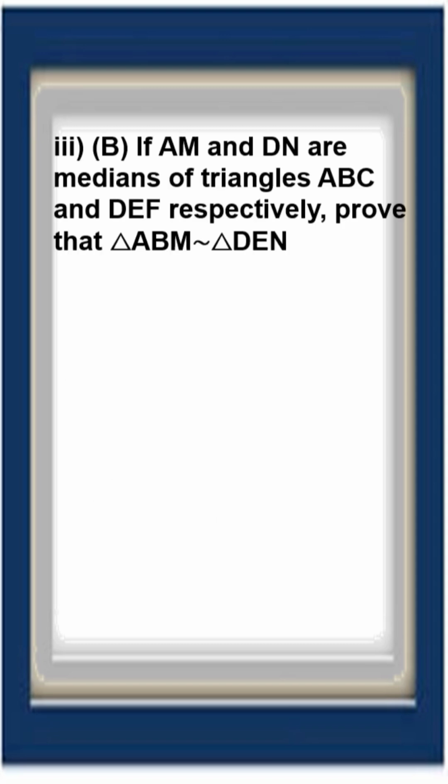Now let us solve the third B question. If AM and DN are the medians of triangle ABC and triangle DEF respectively, prove that triangle ABM is similar to triangle DEN. Let us have the triangles ABC and DEF.